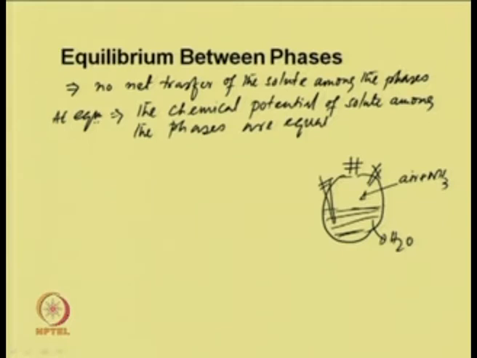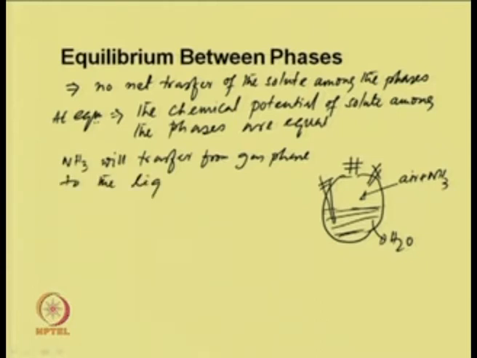The vessel is closed. As soon as the air ammonia mixture comes in contact, ammonia will transfer, since it is soluble in water, from the gas phase to the liquid.